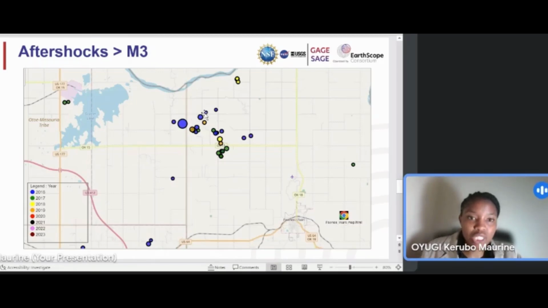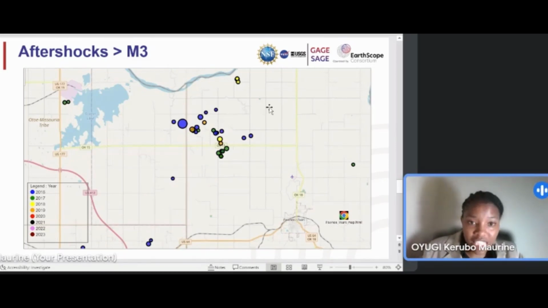So we see that in 2016, there are aftershocks that are displaced, like they are everywhere in the Pony region, while in 2017 we see that they are decreasing and they're mostly a bit far away from the 2016 magnitude 5.8 earthquake. In 2018, we see that they also decrease and they are quite far away.